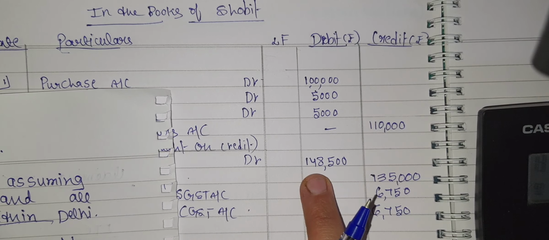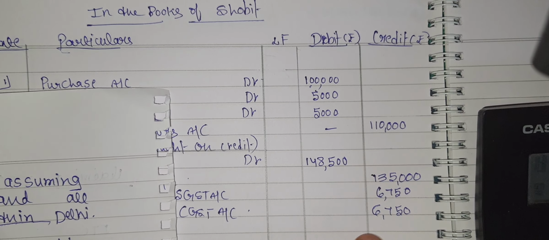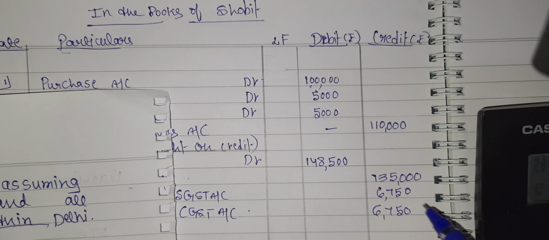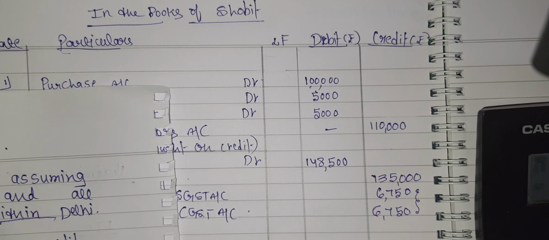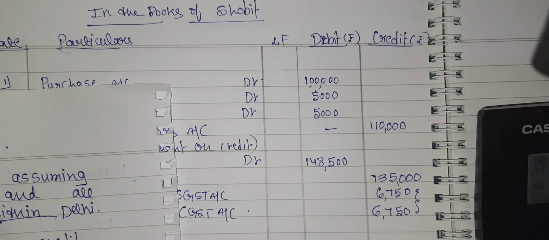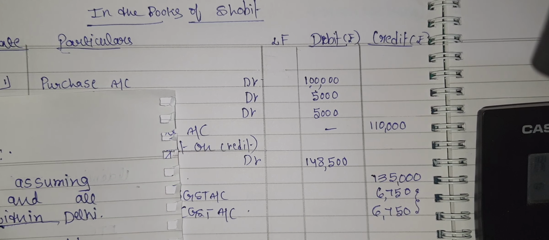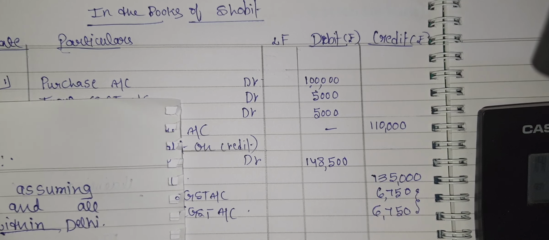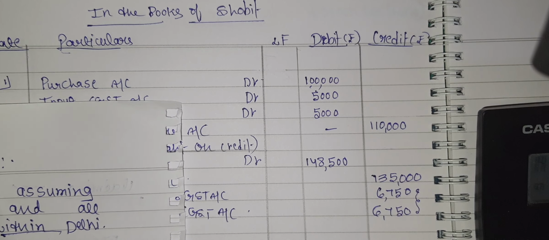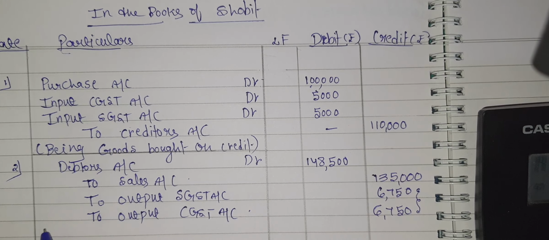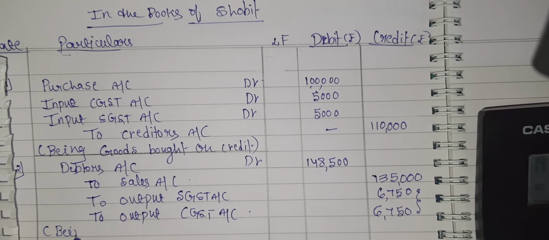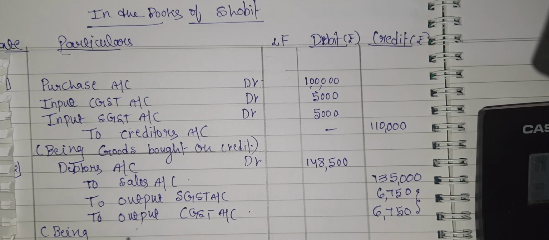Out of rupees 1,48,500, rupees 13,500 does not belong to the business, and that must be paid to the government. Business must pay it to the government. Now we will write down the narration. Being goods sold on credit.